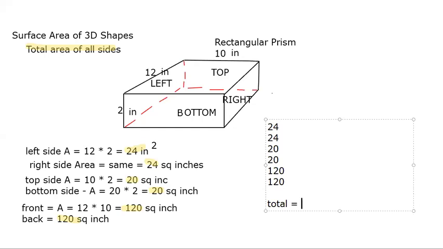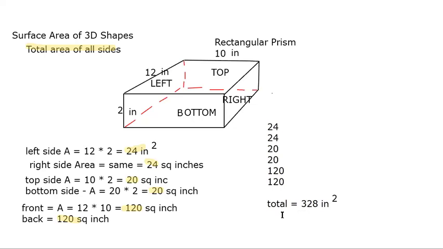Go over to your TI-30 Access Multiview calculator, add that up real quick. And I believe we're going to get 324. 328. 328 inches squared. Easy peasy on a rectangle. Just add up all your sides.